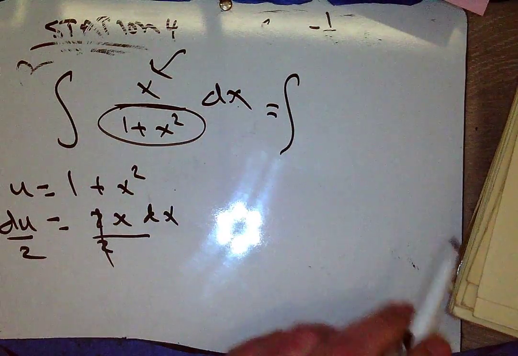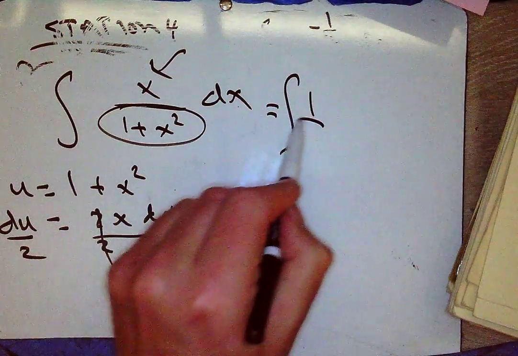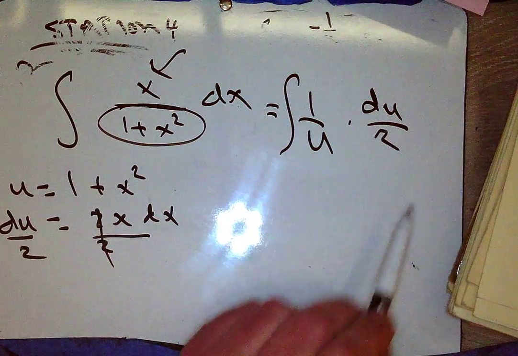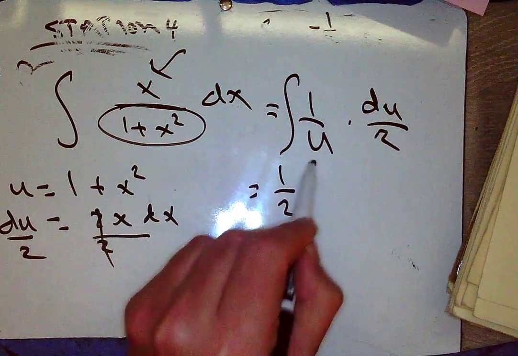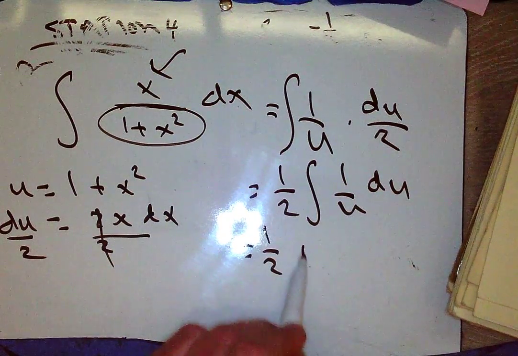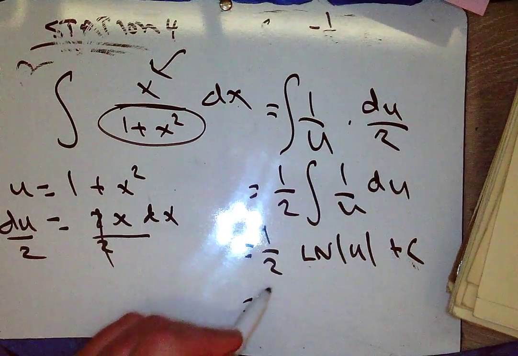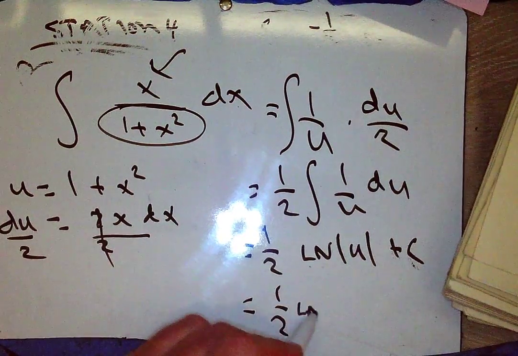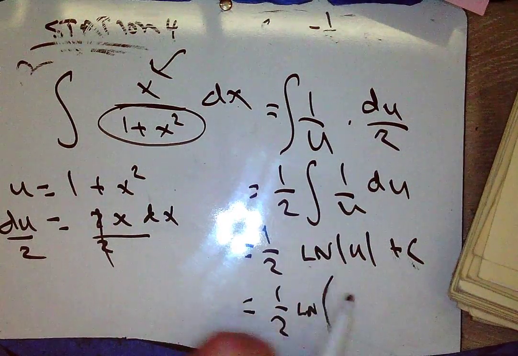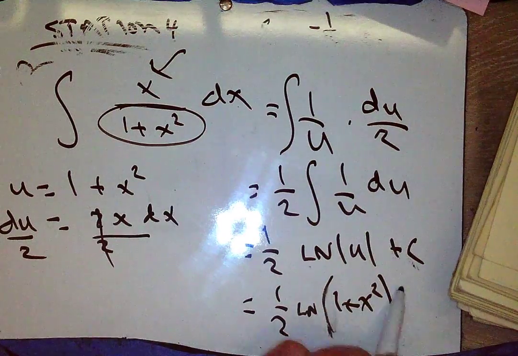So now I'm going to have 1 over u times du over 2, or 1/2 integral 1 over u du, which is ln of u plus c. So now I've got 1/2 ln of 1 plus x squared plus c.